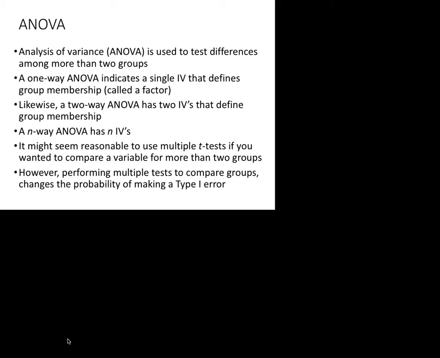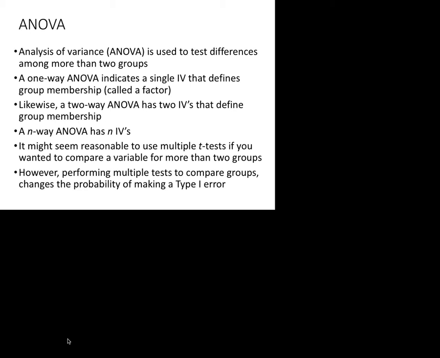Yeah, doing the same analysis with ANOVA and with regression will get you exactly the same results. It's just that in some cases it's more straightforward to do ANOVA. In other cases, it might be a bit more straightforward to use regression.